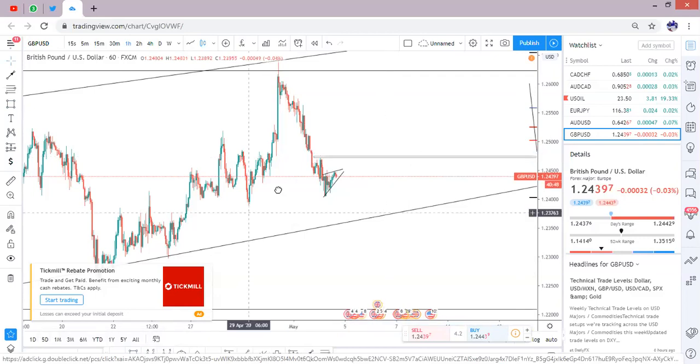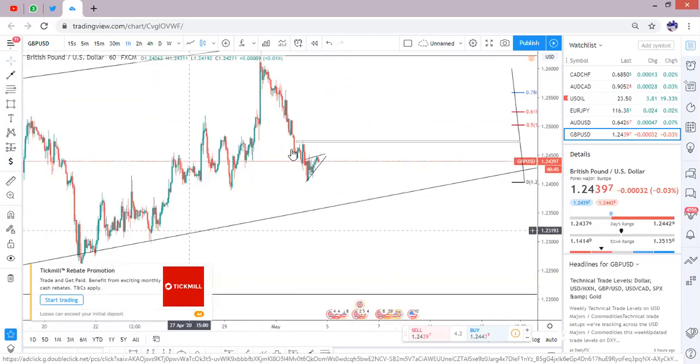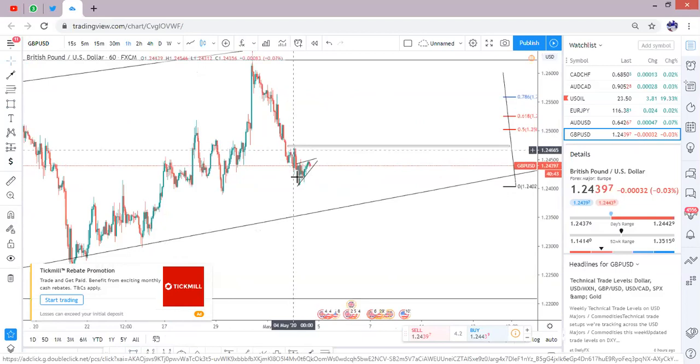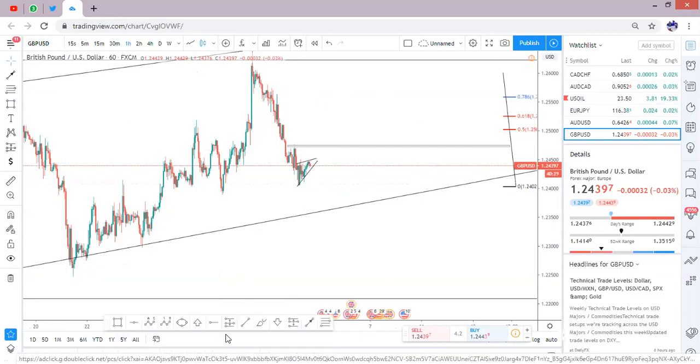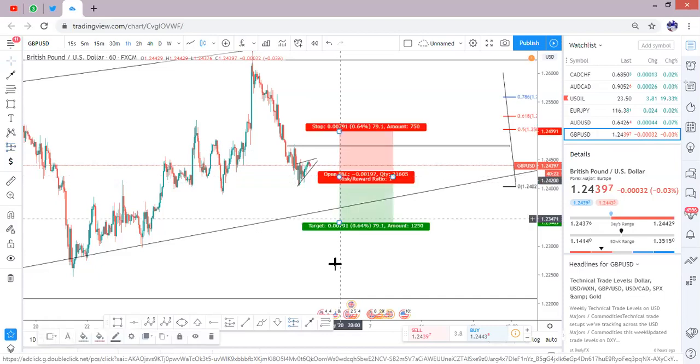So you can see our price got rejected here nicely, giving us a correction in the form of a pennant triangle. So all I have to do now is place my this outside.